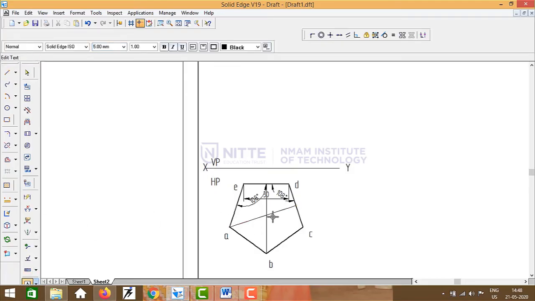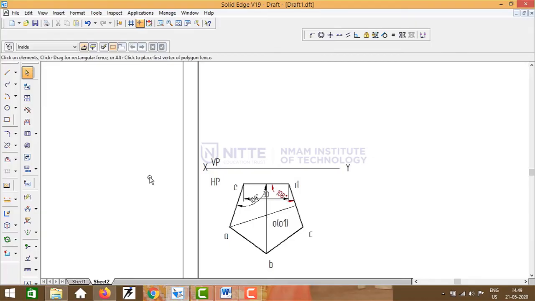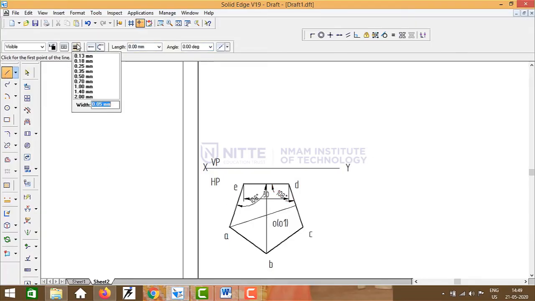So mark it O, O1. Join slant edges with 0.4 millimeter. That is O with A, O with B, O with C, O with D, O with E.